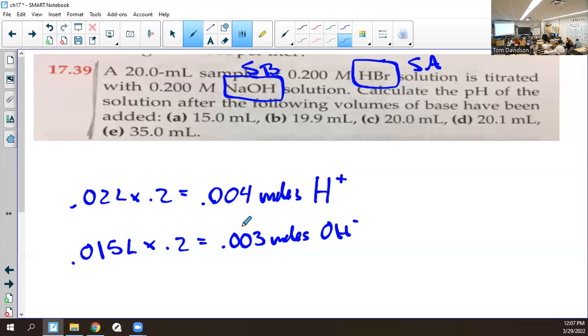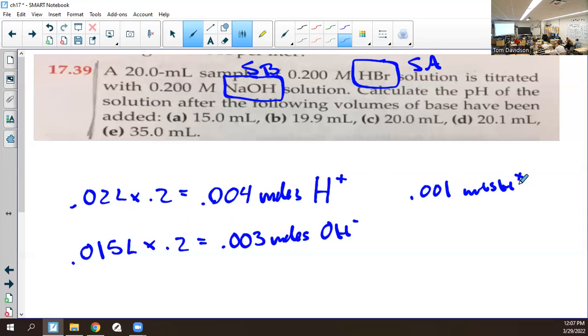To find moles, you take volume times molarity. Okay, what did I have here? I have excess of which one? All right, I have 0.001 moles H plus in excess, correct?